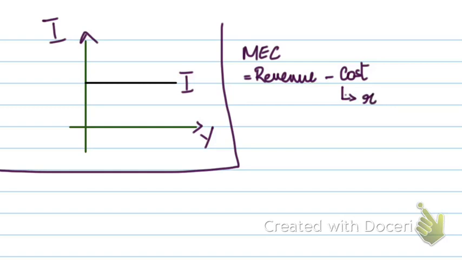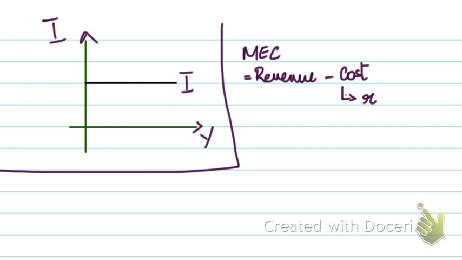So if interest rates fall, investment will rise, because if interest rates fall, the marginal efficiency of capital will be greater than the interest rate, resulting in a rise in investment. So interest rates basically represent the opportunity cost of investment. This means what could have been earned if that money was saved rather than invested.